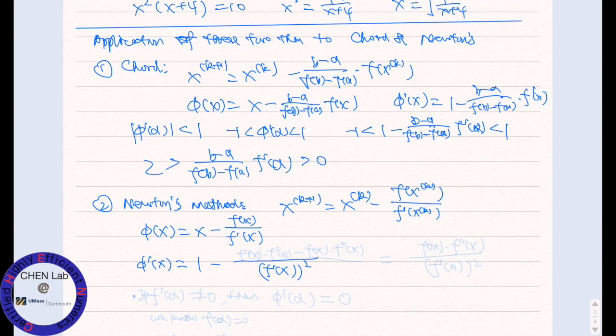The derivative of the top, which is f prime x, times the bottom, which is f prime x, minus the top times the derivative of the bottom, f double prime x. If you simplify this and write it with a common denominator, you'll see the bottom is just f prime x squared, and on top is f of x times f double prime of x.